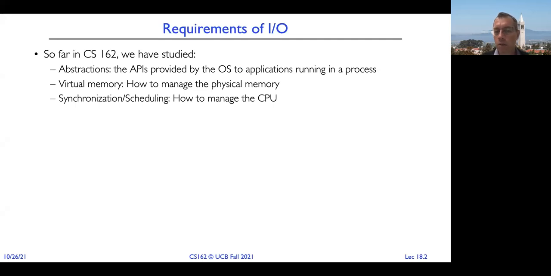And we also talk about synchronization and scheduling, okay? So, how to manage the CPU resources and how to synchronize multiple processes and multiple threads accessing the same resources, and how they can cooperate in order to implement some more complex functionality.